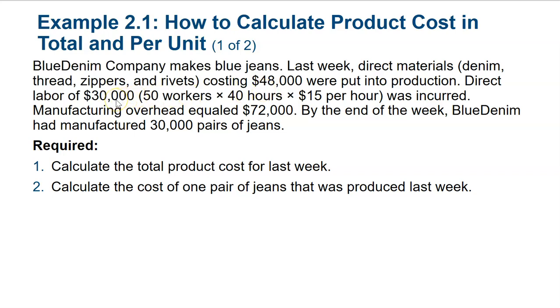Direct labor of $30,000 was incurred, and they give us a breakdown of that: 50 employees times 40 hours, and then they average $15 per hour. Manufacturing overhead equaled $72,000, and by the end of the week, Blue Denim had manufactured 30,000 pairs of jeans. So they say, calculate the total product cost for last week.